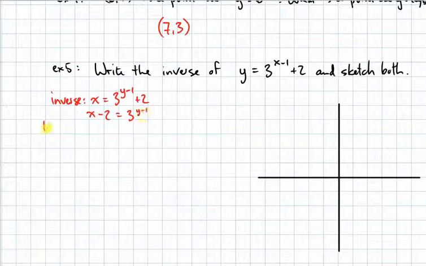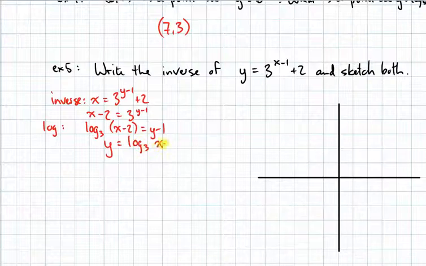Now at this point, I'll write it as a log. I see base 3, so I will write log base 3. The exponent is what the log is equal to, and so the third component is the argument of the log. Lastly, isolating for y gives y equals log base 3 of x minus 2, plus 1.